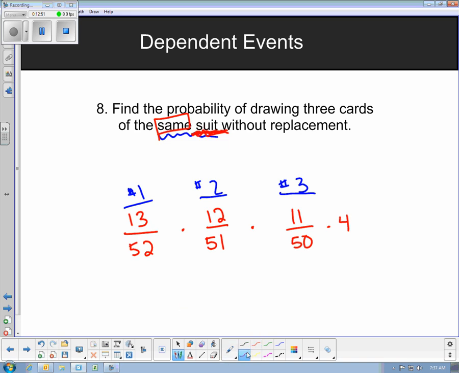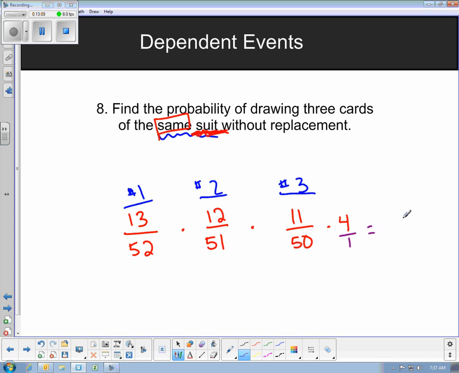So when I type this into my calculator, I can treat this 4 as a 4 over 1 and put it with my numerators. I'm going to have 13 times 12 times 11 times 4. And then I'm going to have on the bottom 52 times 51 times 50.